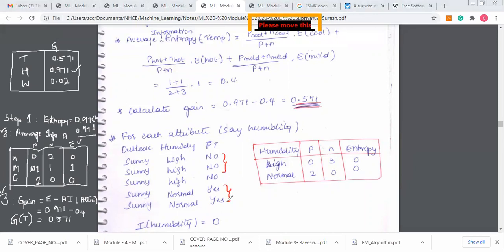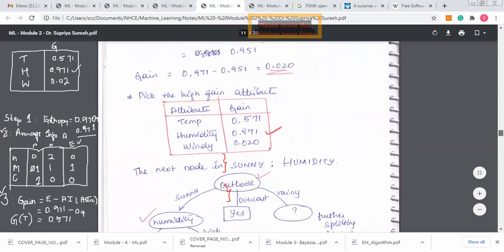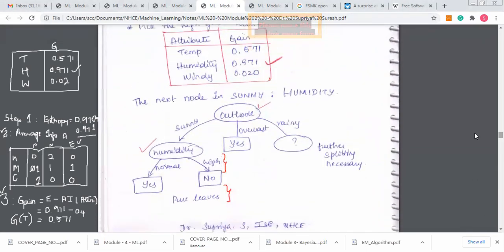There is no mix of categories or classes here, so we can easily write our tree like this. Humidity with respect to normal was yes, so with normal it is yes. We have come up to the child node. Humidity with respect to high was all no, so we have the leaf nodes. This tree is complete. So half of it is done.